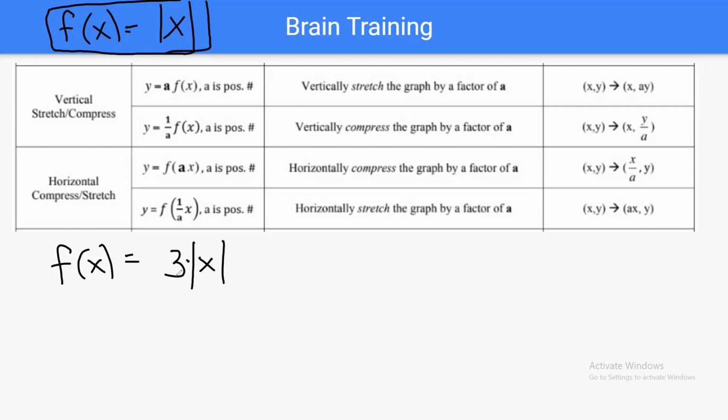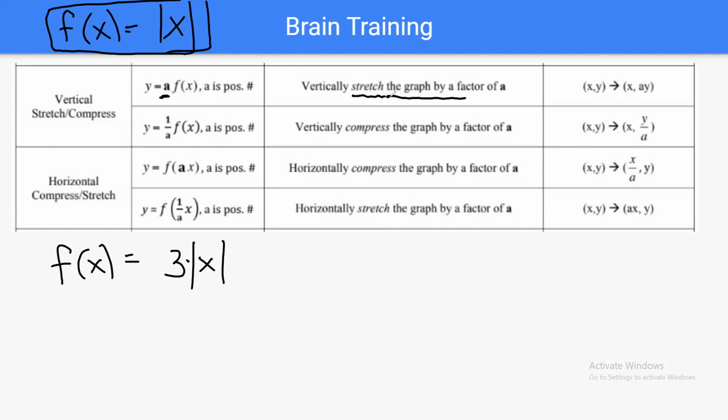If it's a whole number that we're multiplying by, it's going to be a stretch. So if it's a whole number like a times f of x, a in my example here is 3, it's going to be a vertical stretch by a factor of 3.